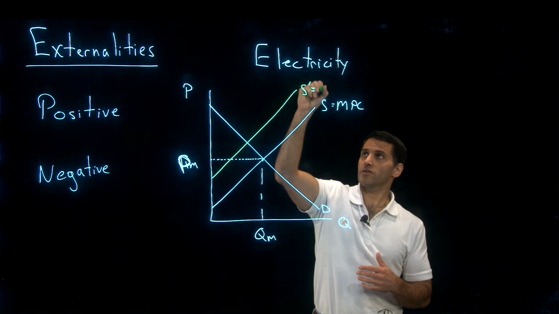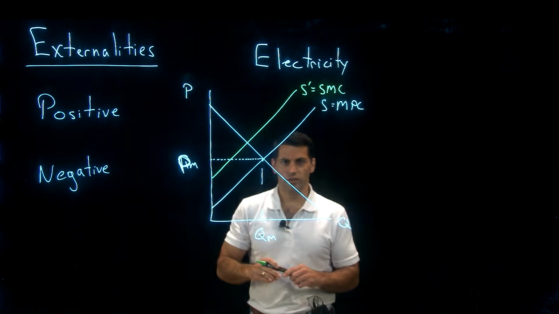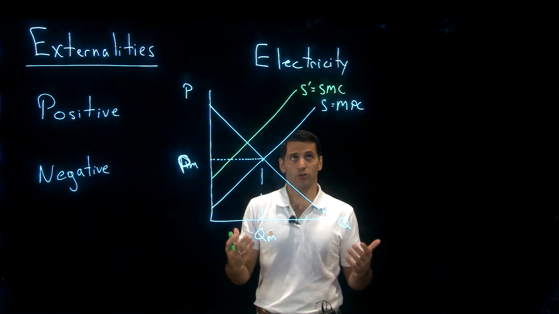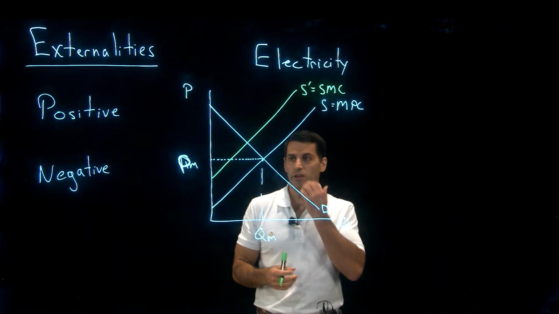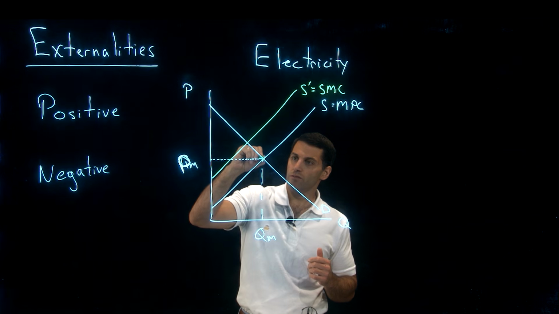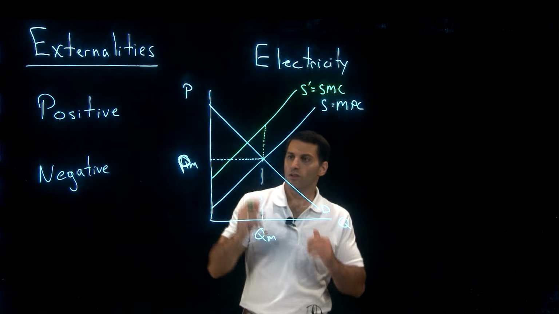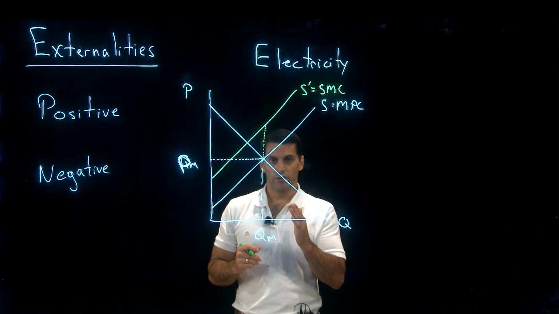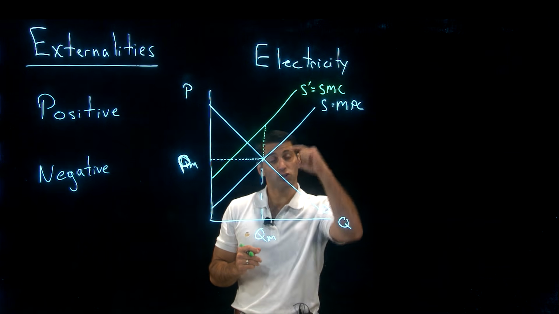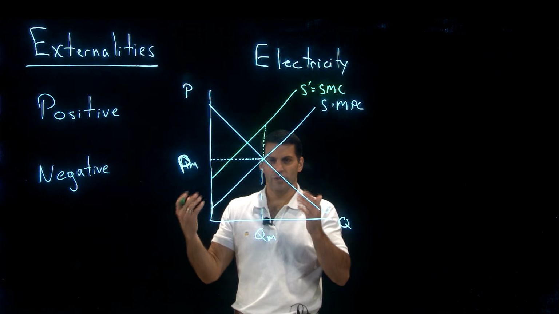So we have this supply curve S prime, which is reflecting the social marginal cost or marginal social cost. And we see here this height, the vertical distance between our supply curves, that's reflecting the value of the externality. So we're shifting our supply curve up by the dollar amount of the externality.